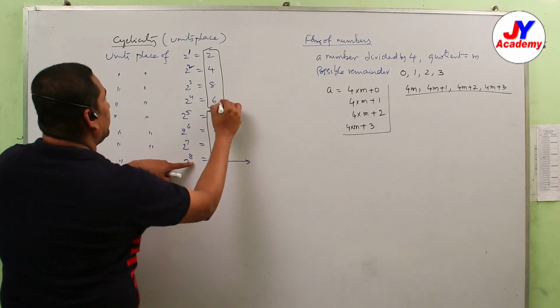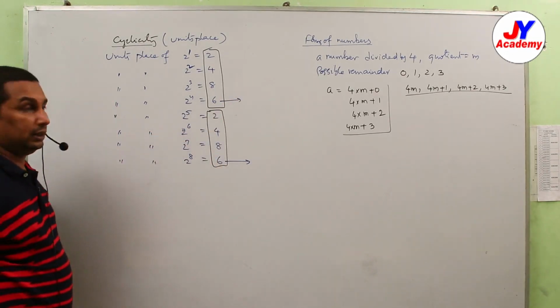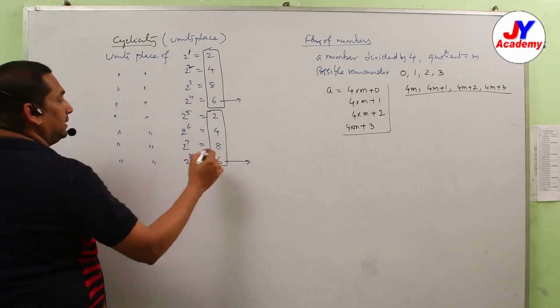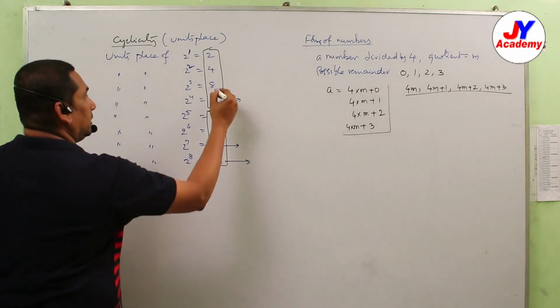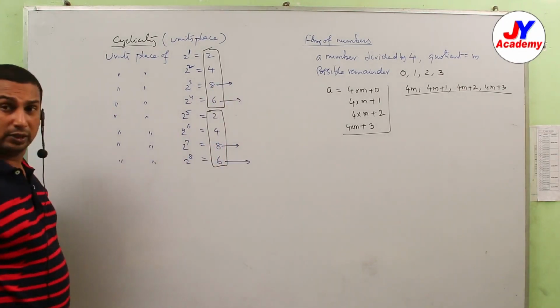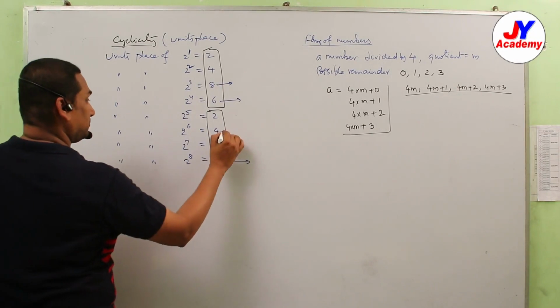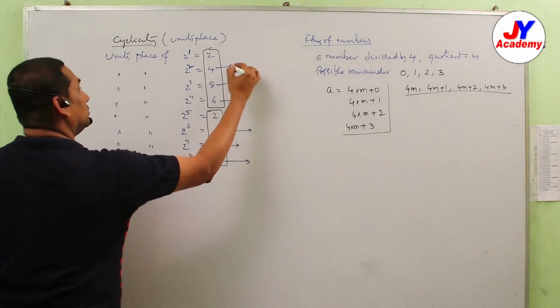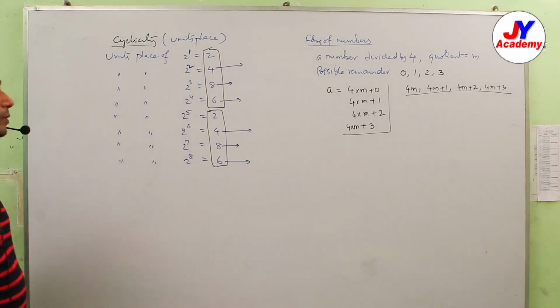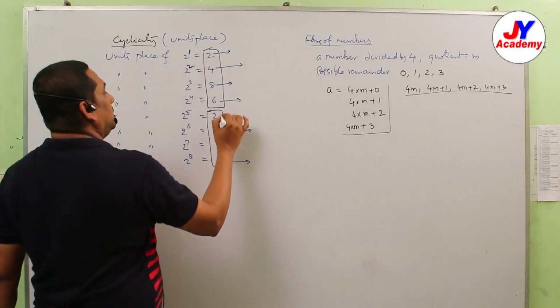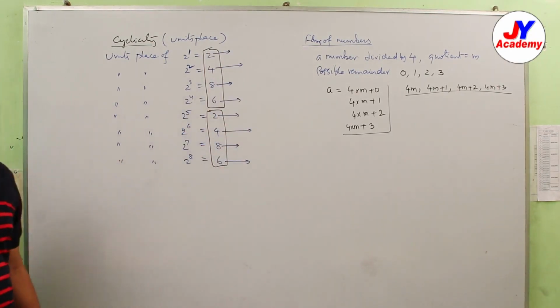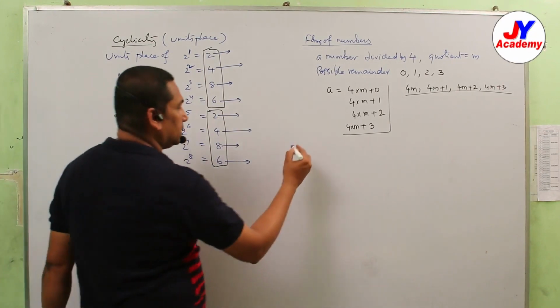Remainder 0, in that case units place is 6. Remainder 3, in that case units place is 8. Remainder 2, in that case units place is 4. Remainder 1, in that case units place is 2. So what is the conclusion?